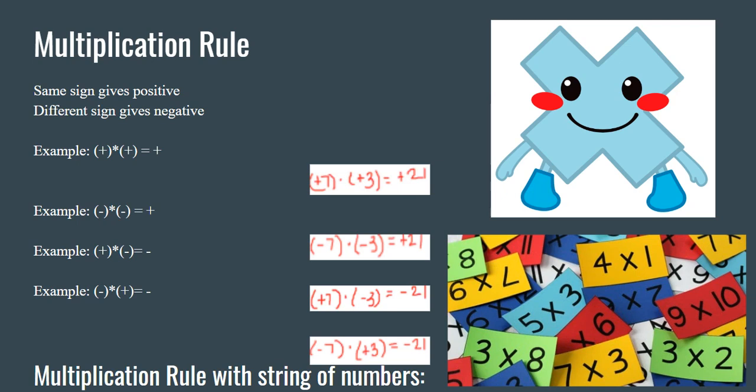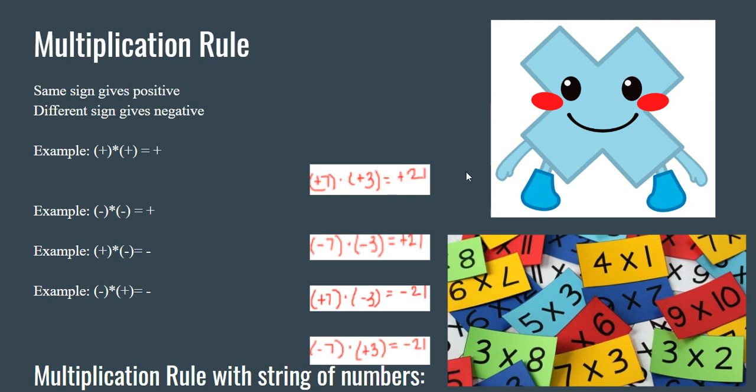Positive number times negative number equals a negative, and negative number times positive number equals negative as well. So as we can see, if the signs that you're multiplying are the same, then it will equal positive every single time. And that means if the signs are different, then they will both equal negative.